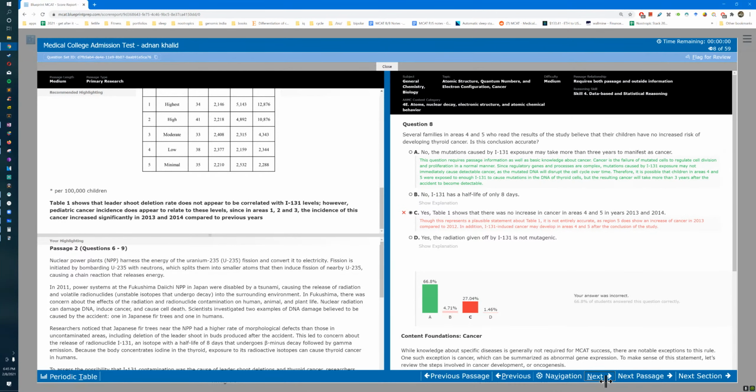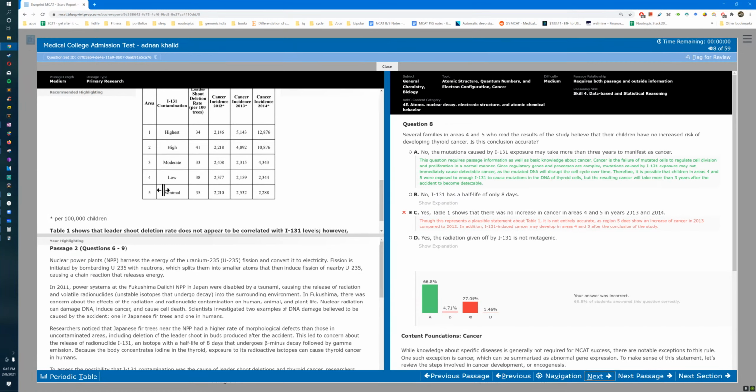This one, I guess I went through it fast, but they're basically saying, is it safe for people in areas 4 and 5 that have low and minimal amounts of I-131 to not have any increased risk of developing thyroid cancer?